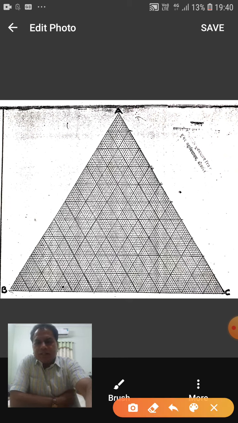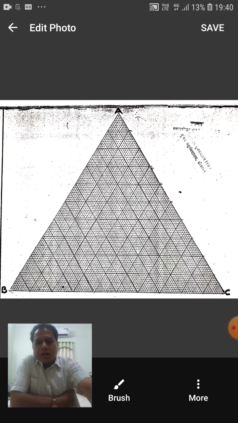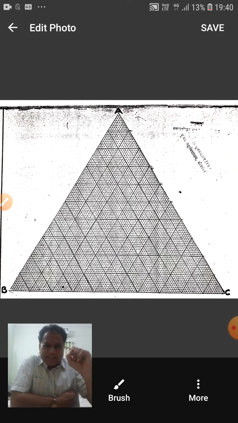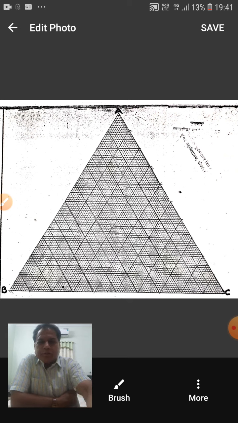Now here it is, a graph, right? This is an equilateral triangle, right? Now I have marked the corners of the triangle as A, B, C. So in this graph, at corner A, that vertex A represents 100% A, and the value of A on line BC is 0.